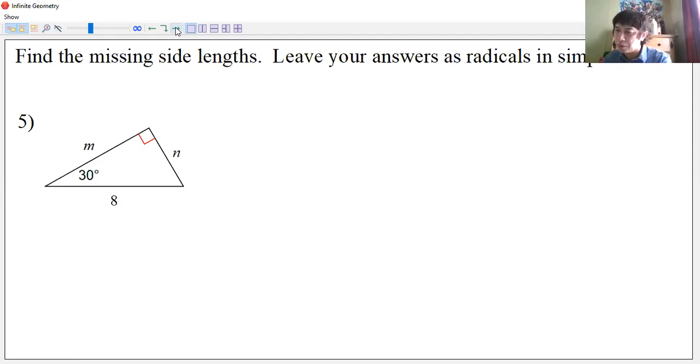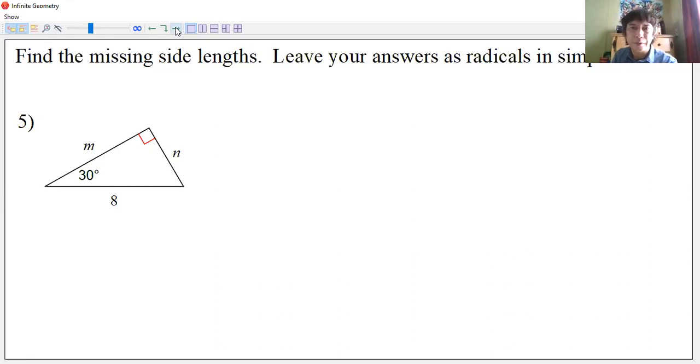And let me just put the problem over here. Okay, this will be our 30, 60, 90 triangle. Let me just copy first exactly the drawing there and proceed to the other screen for the solution.